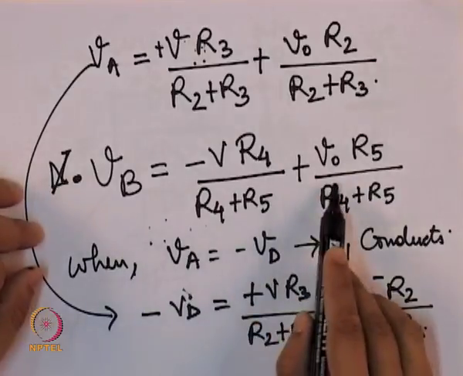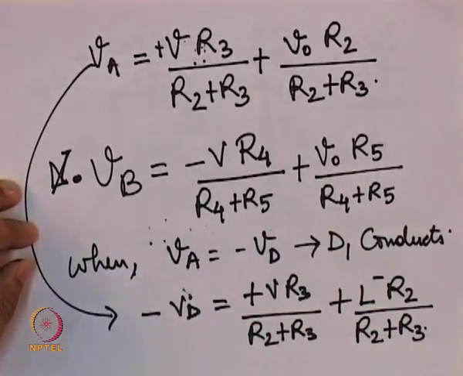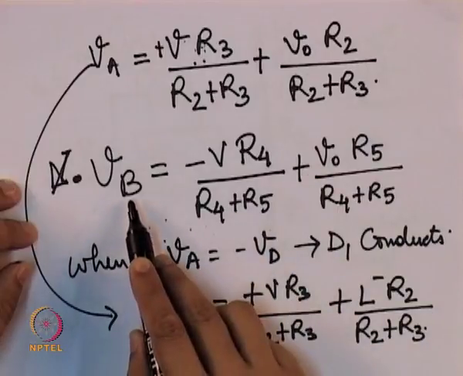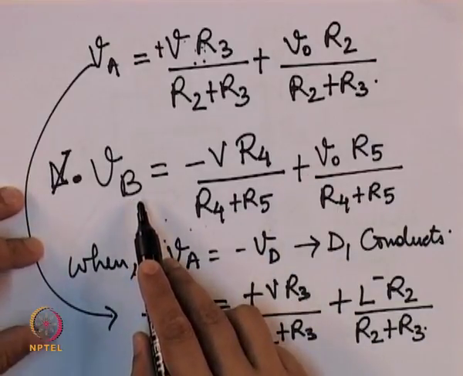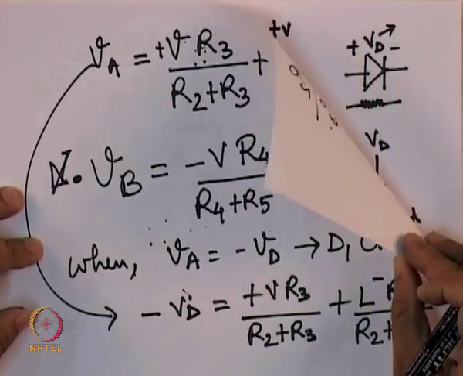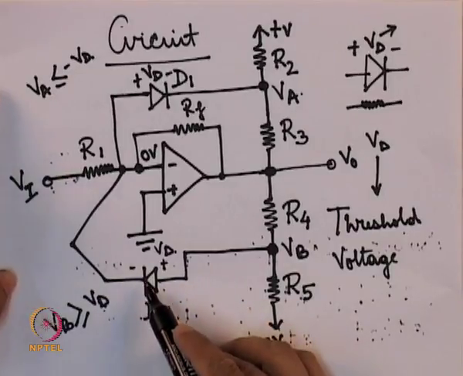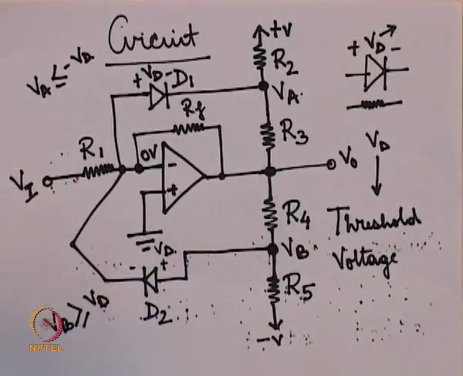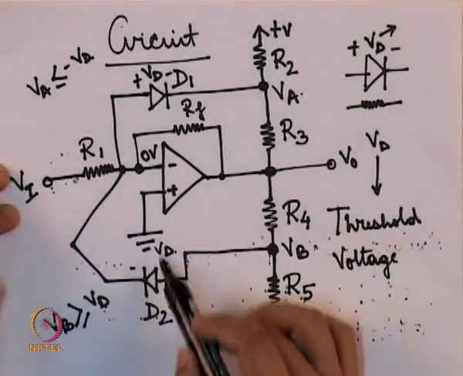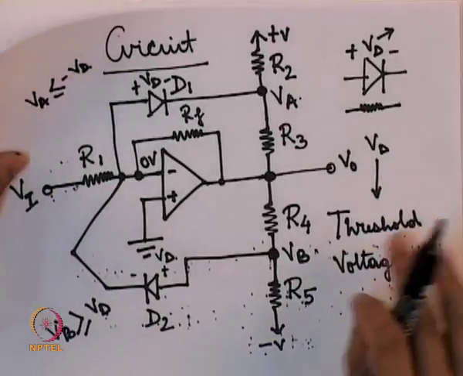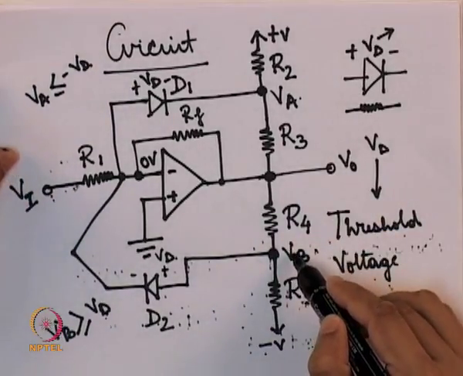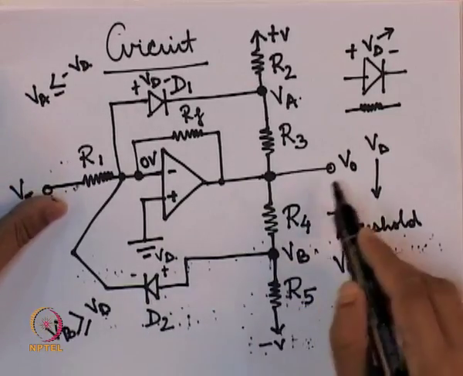As Vo goes on increasing, my Vb will also go on increasing, and there will be a certain value of Vb when the voltage across D2 crosses the threshold voltage and D2 starts conducting. The output voltage for which Vb crosses the threshold voltage, I am calling that L plus, and that is what I have marked in this graph.